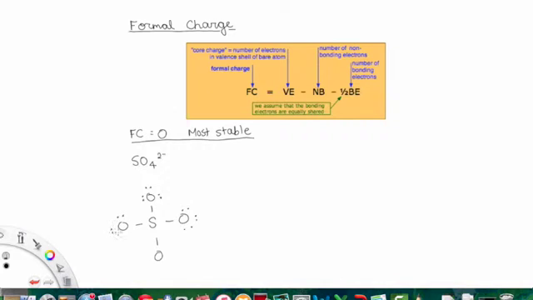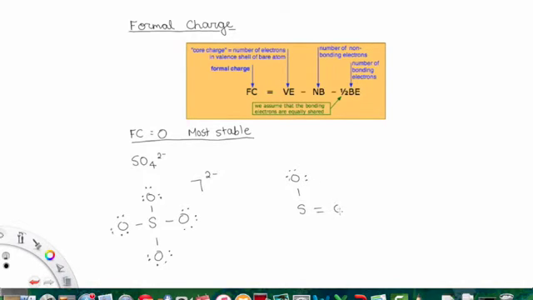And so what formal charge is really useful for is figuring out which is the more likely structure. So for example, this could be a potential sulfate ion with 2 minus right here, because now we know how to draw Lewis structures. But another way in which to draw this would be to have double bonds involved.